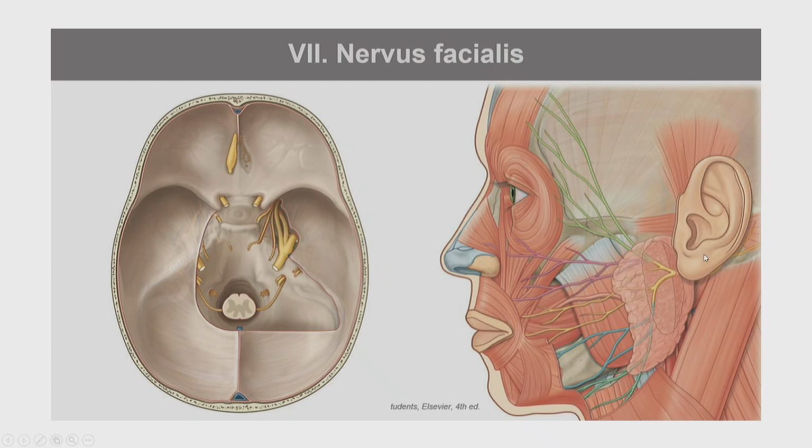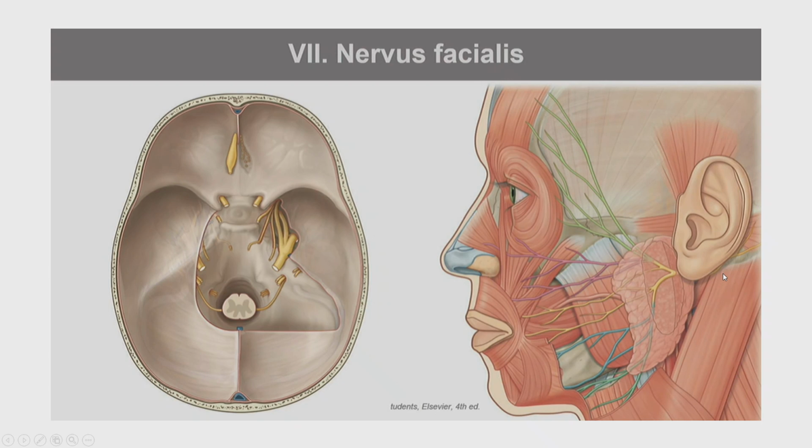After it comes out of the stylomastoid foramen, it gives three branches. These are the posterior auricular and occipital branches that we are going to discuss. It supplies the motor fibers for the posterior auricular muscle and the posterior belly of the fronto-occipital muscle that we mentioned, which is the epicranius muscle, and it gives a branch to two more muscles.